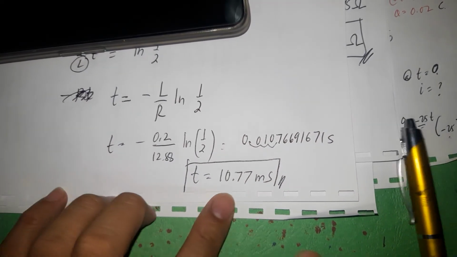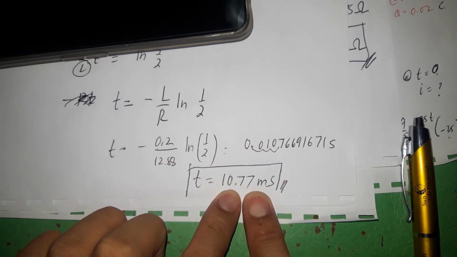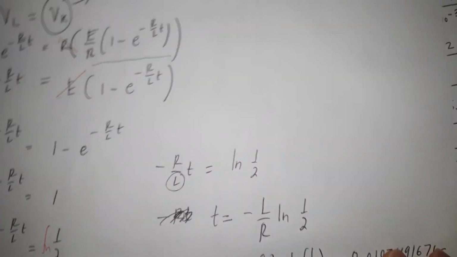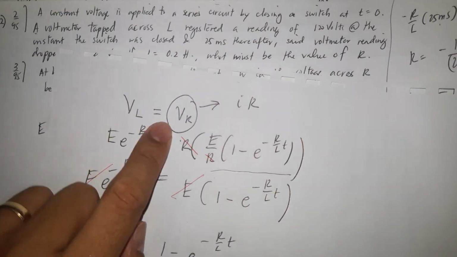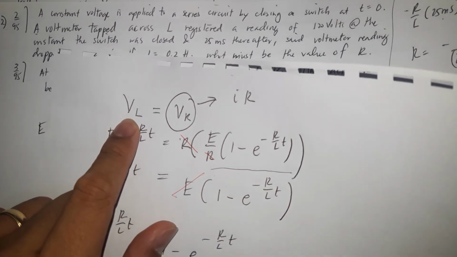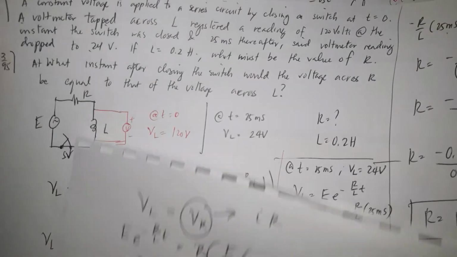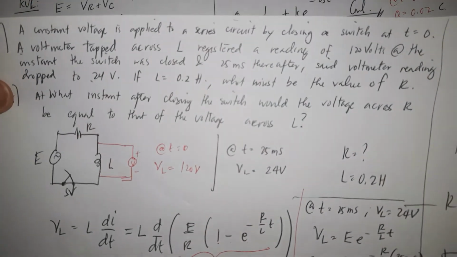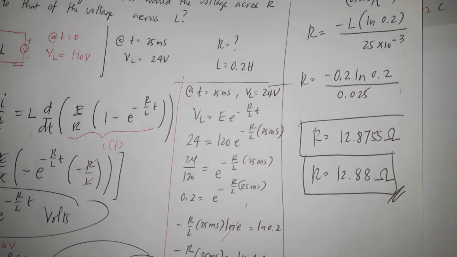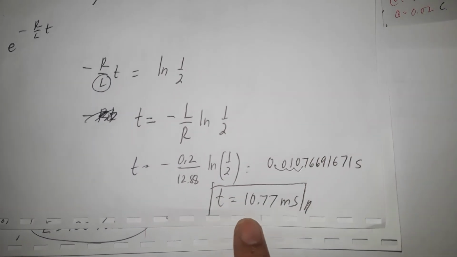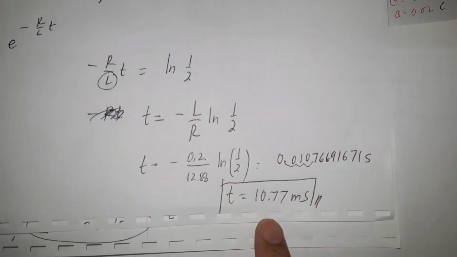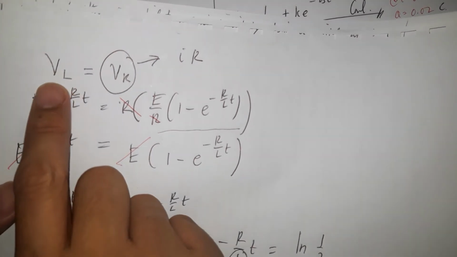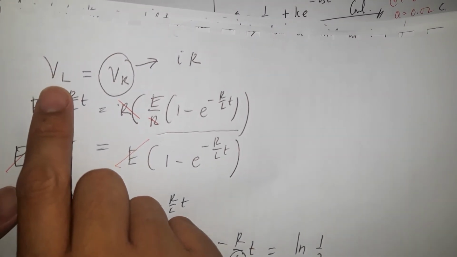At that very instant, the voltage across the resistor is equal to the voltage across the inductor. That answers question number 2 and number 3: 12.88 ohms, and at time t equal to 10.77 millisecond, the voltage across the inductor is equal to the voltage across the resistor.